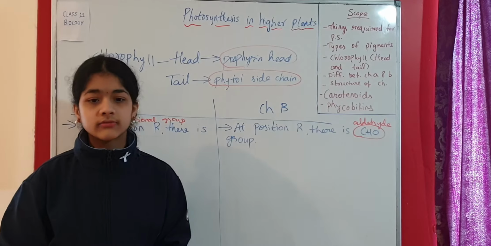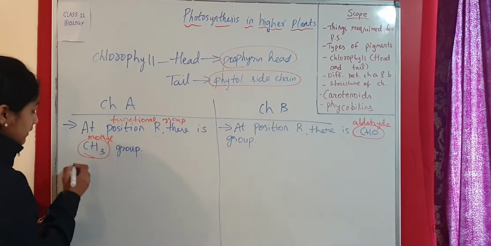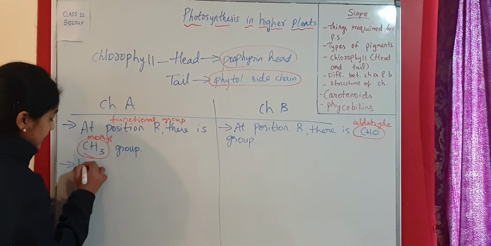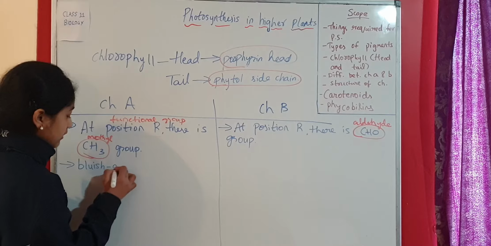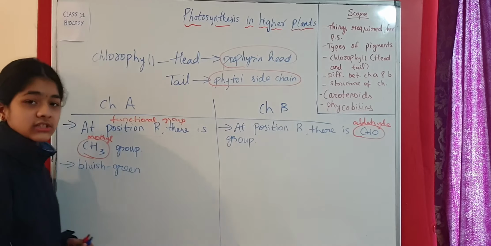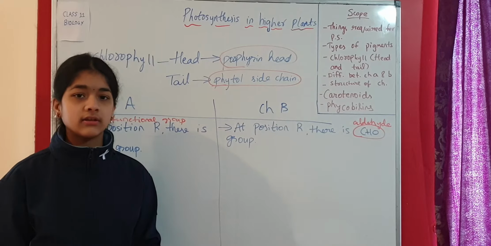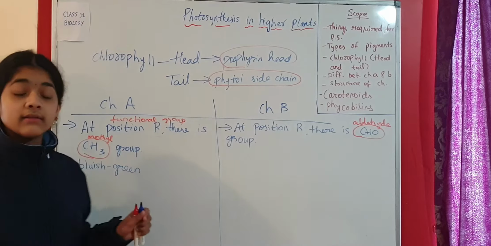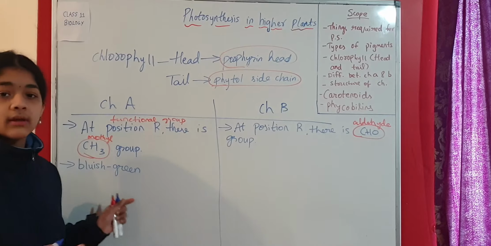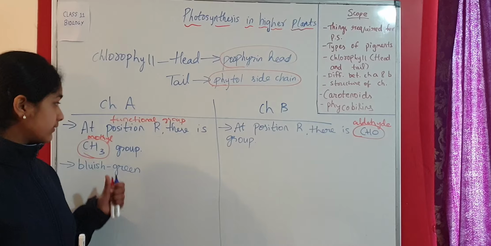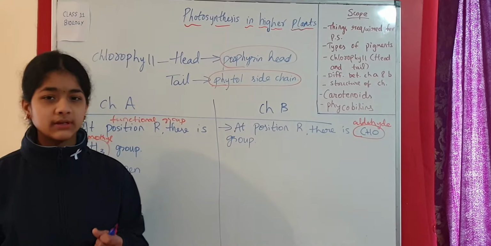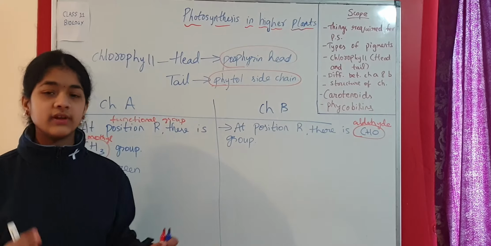Coming to the colors of chlorophyll A and chlorophyll B. Chlorophyll A is bluish green in color. This is just the general or natural color of chlorophyll A. But when we talk about the color of these pigments in transmitted light or reflected light, it varies.